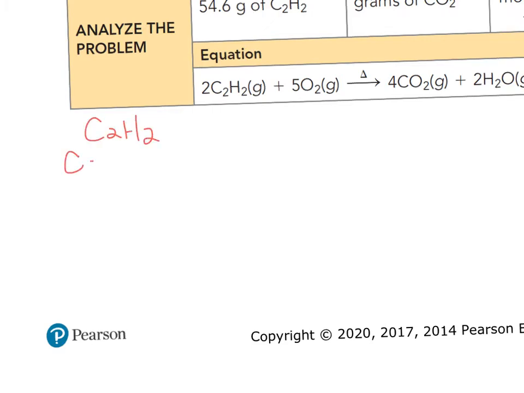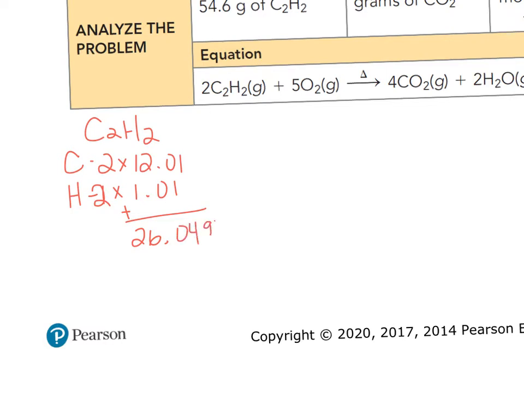Remember, we have carbon, we have 2 of those. Hydrogen, we have 2 of those. We use our periodic table. Carbon is 12.01, hydrogen is 1.01. Multiply those together and then add them, and we get 26.04 grams per mole.